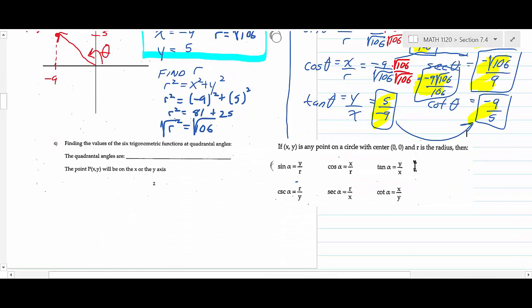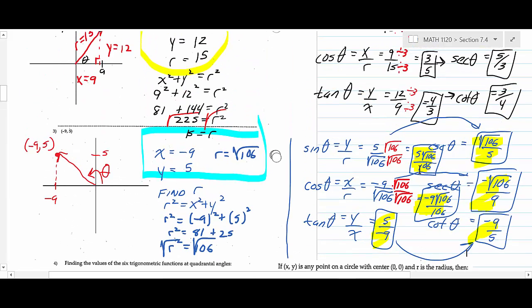Okay, let's do one last thing here. Go ahead, do you have a question? Okay, that's by definition. Anytime you have a point, we're looking at an angle that's in standard position. Remember, standard position means x-axis to whatever ray you're talking about.